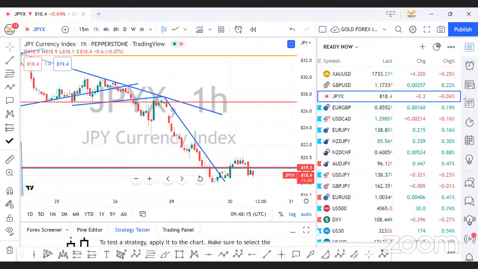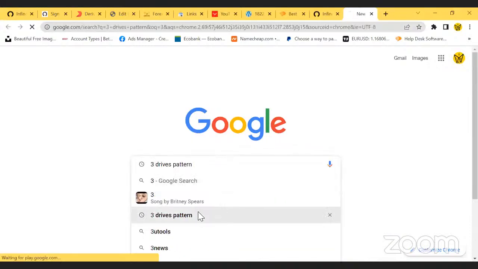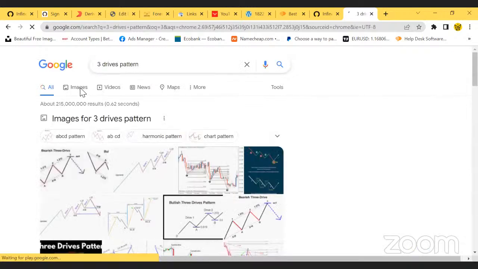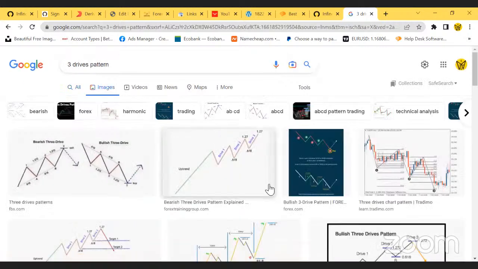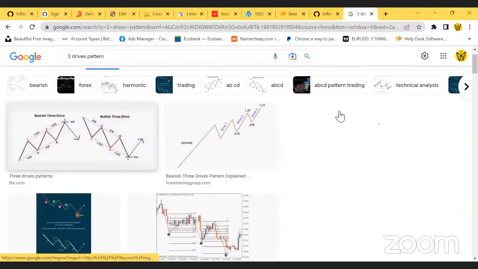Now, if you don't know the trade drive pattern, let me show you guys. So basically, this is how the trade drive pattern looks like. The trade drive pattern can go to either 1.272 or 1.618, like this one.